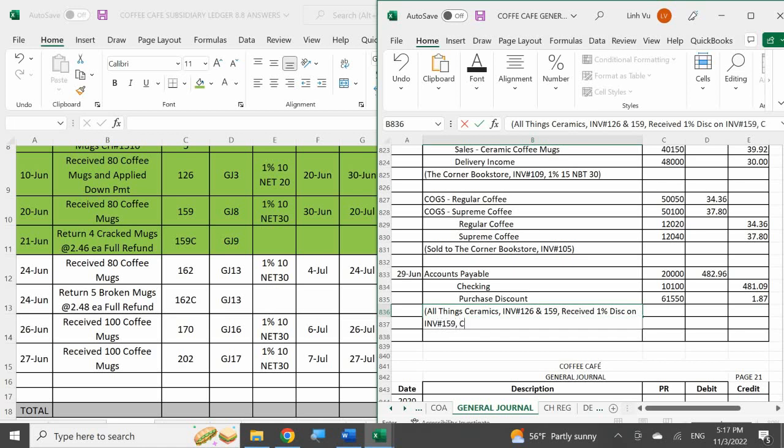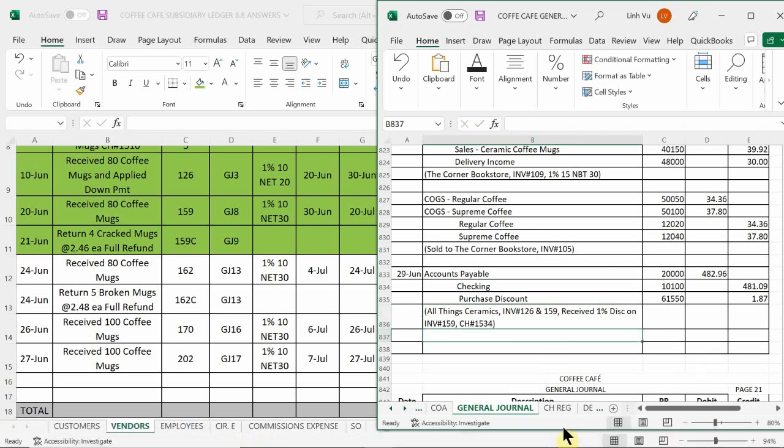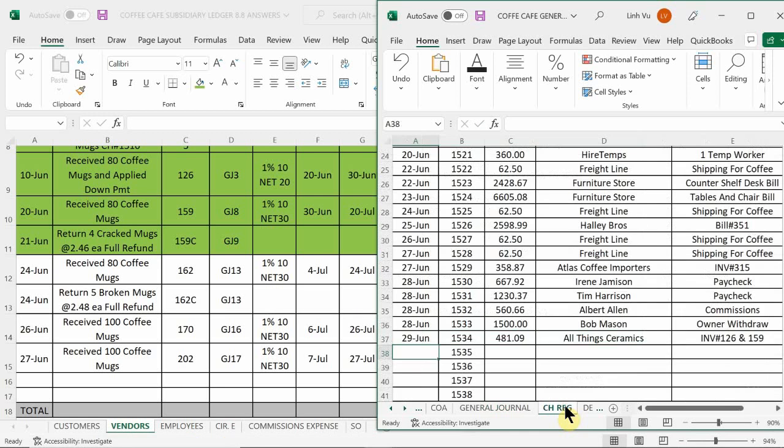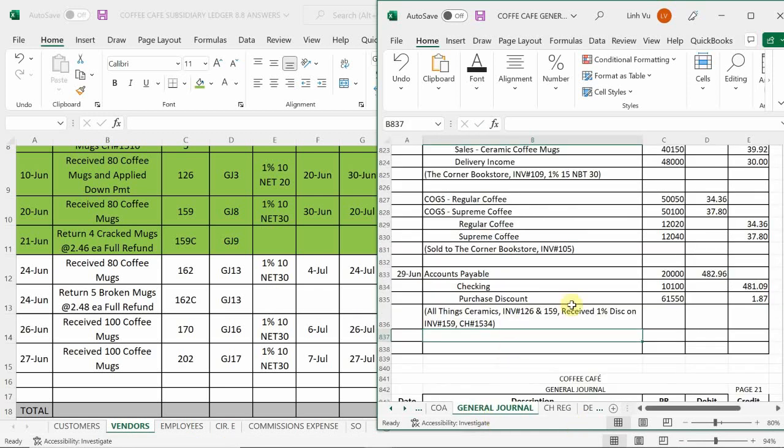Okay, you paid with check number 1534. Right, let's double check that check number real quick. 1534. Okay, and that's it.